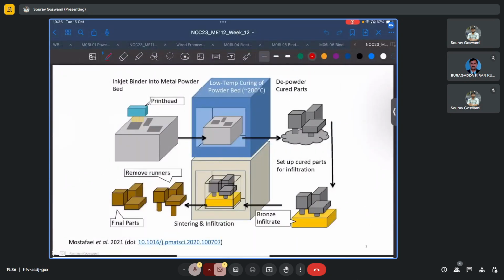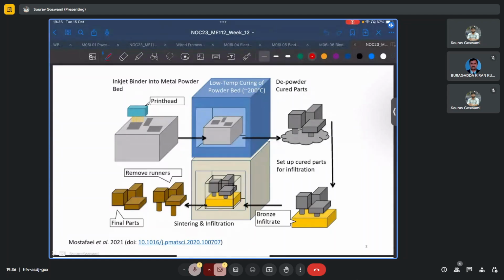Here is a schematic of the process, which shows the complete process cycle when building a part, including the build and the post-processing steps when building a part using the binder-based powder bed process.